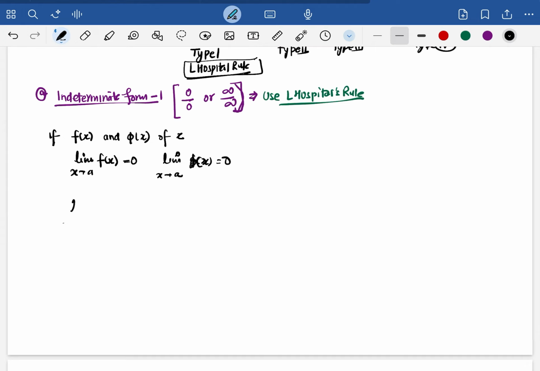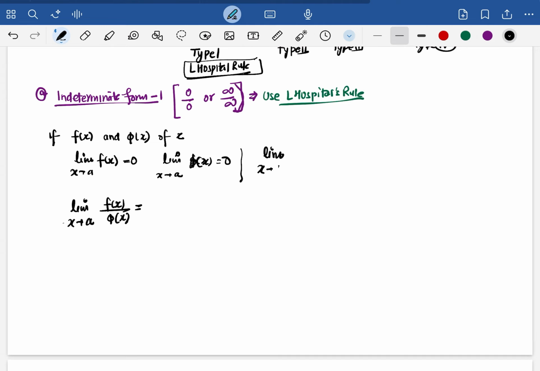So can we say the limit as x tends to a of f(x) upon phi(x) is taking the form of 0 by 0? Because, as we already covered with limits, if there are two functions, then correspondingly there will be division of limits individually.